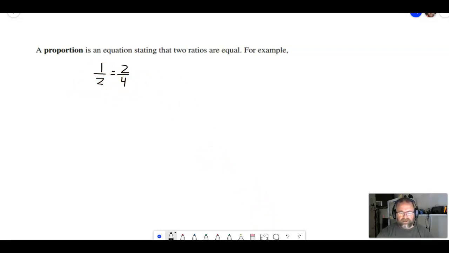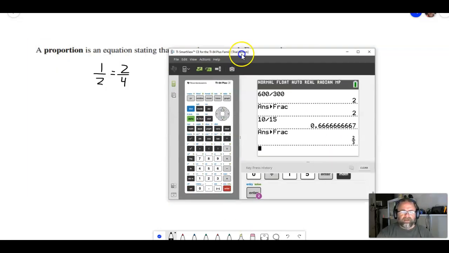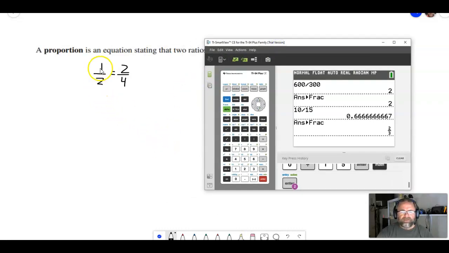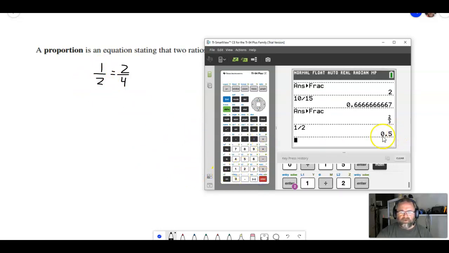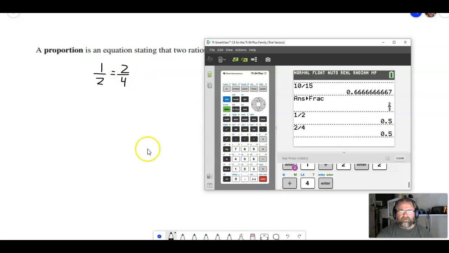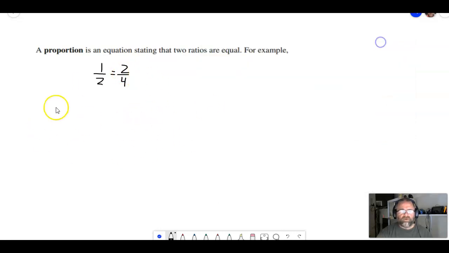And one way I can check that, if I didn't know that 2/4 was equal to 1/2, is I could look at each side and make it into a decimal. So the left side here is just going to be 1 divided by 2, and that's equal to 0.5, and the right side is 2 divided by 4, and that's equal to 0.5. So this is a true proportion because both sides are equal.